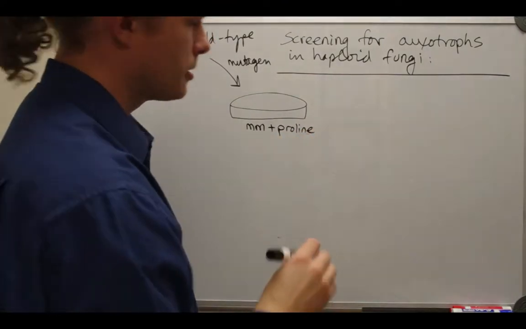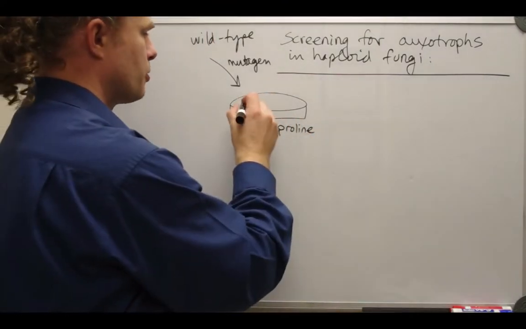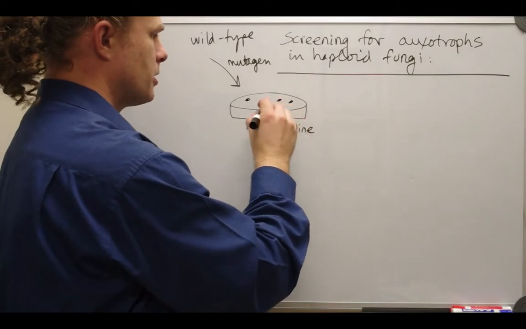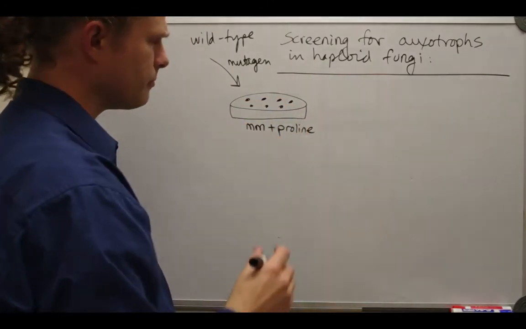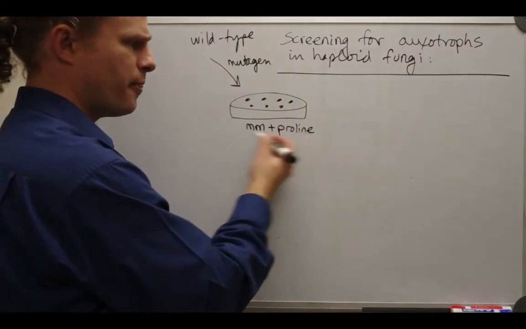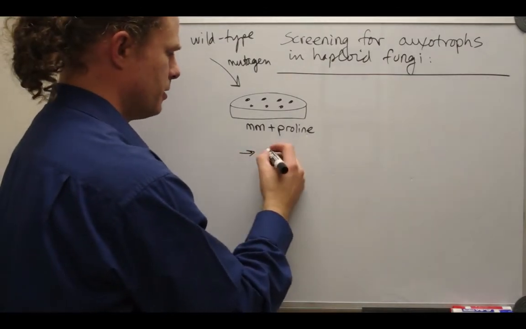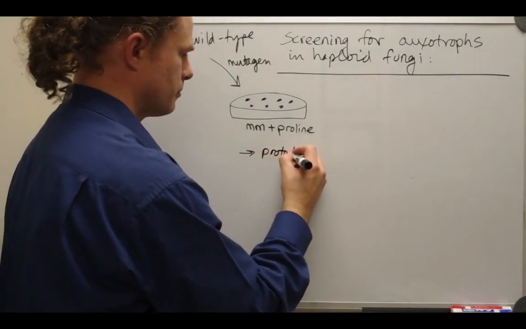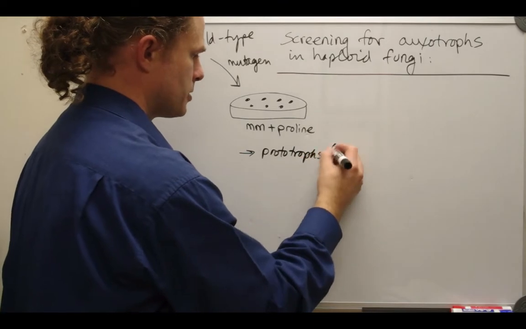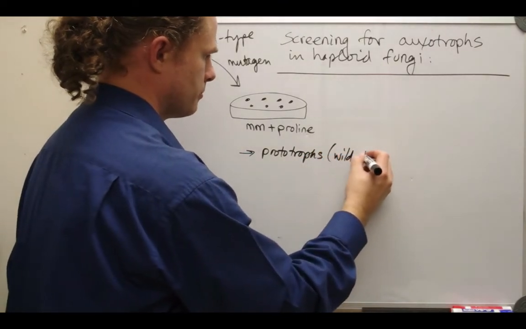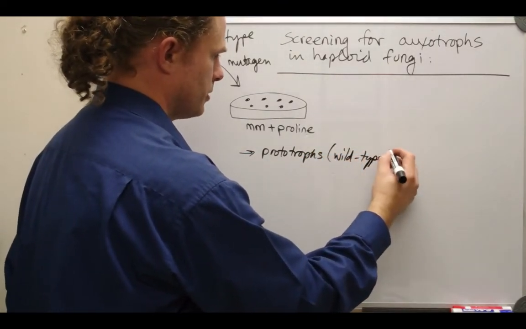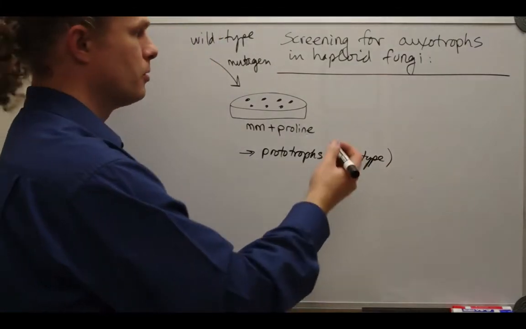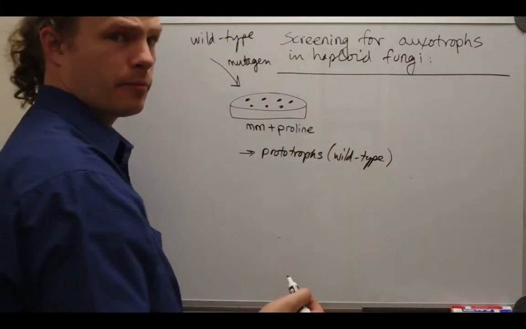If you think about this, the genotypes that will grow on this plate, so let's put some colonies on the plate, the genotypes that can grow on this media would be prototrophs, so wild-type organisms, wild-type for producing what they need to grow on minimal media.